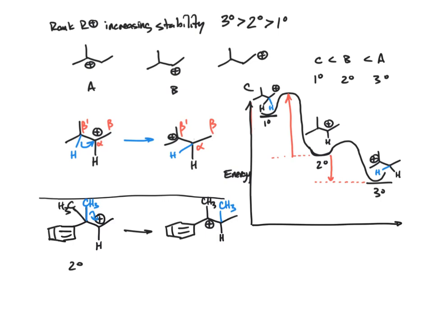The carbon next door to a benzene ring is called benzylic. So you need to know allylic and benzylic, what those terms mean.